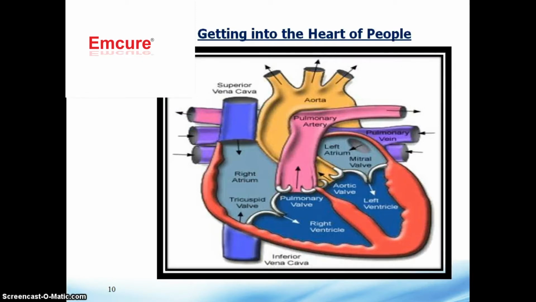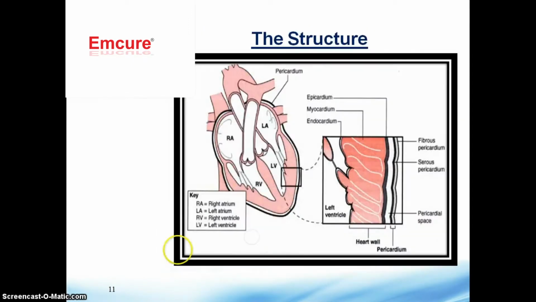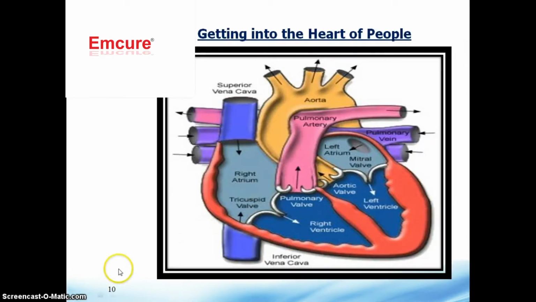Now this is the cross section of a heart. You can see the veins, the major arteries, the aorta, and of course the arch of the aorta too. So let's start. We have the tricuspid valve which separates the right atrium from the right ventricle.